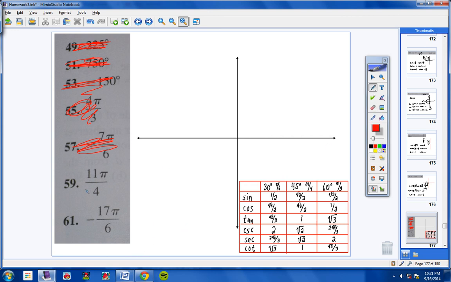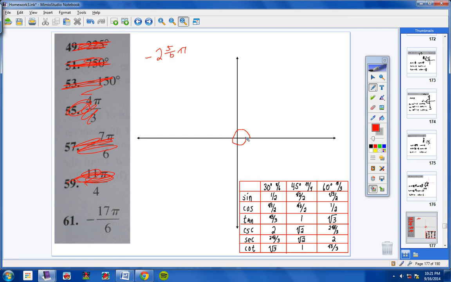And let's see, negative 17 pi over 6. That would be the same thing as negative 2 and 5/6, I believe. That should be correct. So let's see here. Negative 17 over 6 is negative 2 and 5/6. So we're going to rotate negative 2. And now be careful, 5/6 pi, okay?